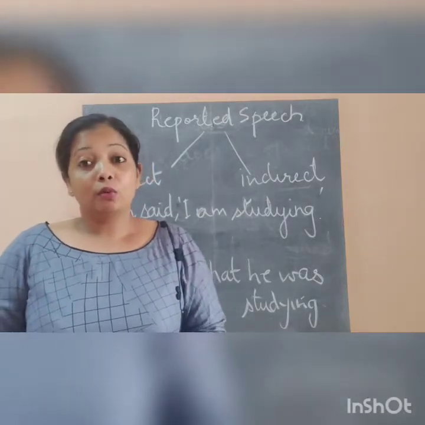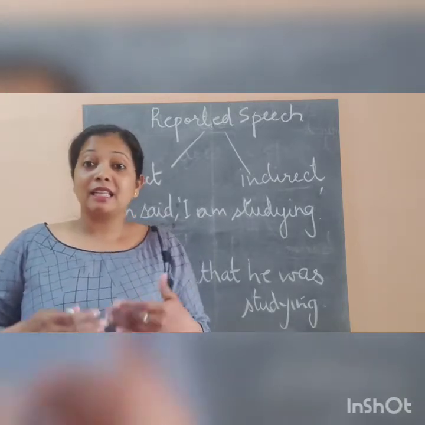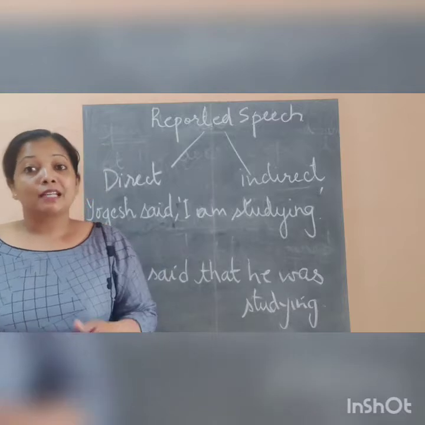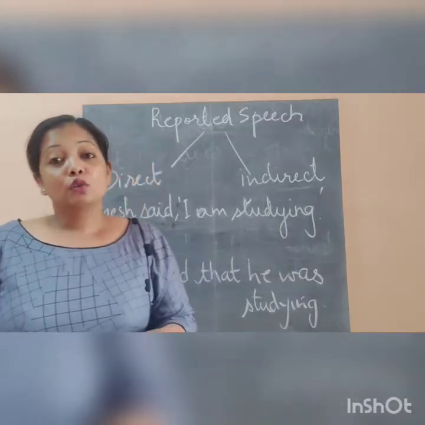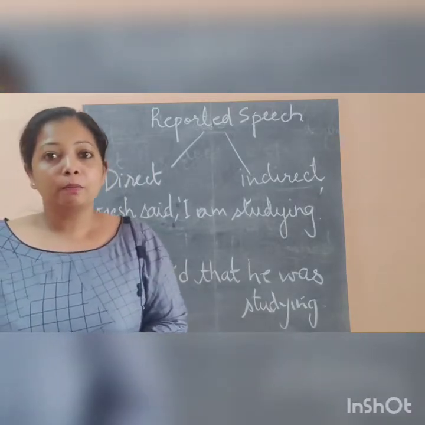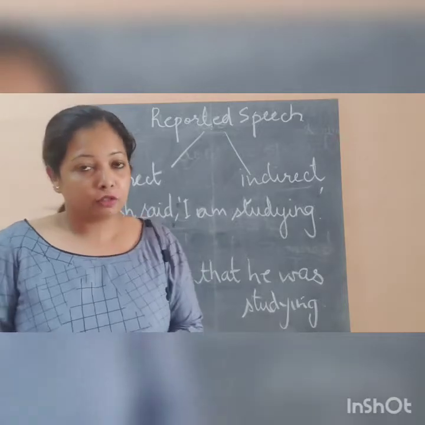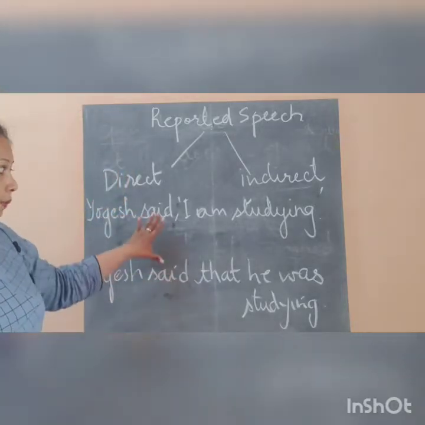Now this is not only this much. There is more to it. There are tenses involved in it. There are positive, negative sentences. There are interrogative sentences. So there are so many things that you need to keep in mind while doing reported speech. You can see these two sentences here. I hope this is clear.